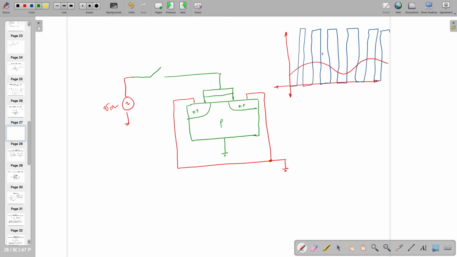So when I switch this on, I assume that there is enough high voltage which is going to make the channel here strong inversion.